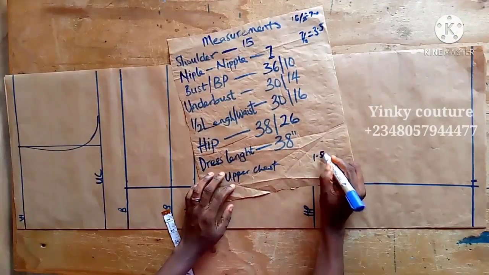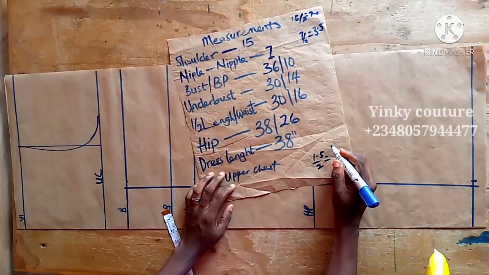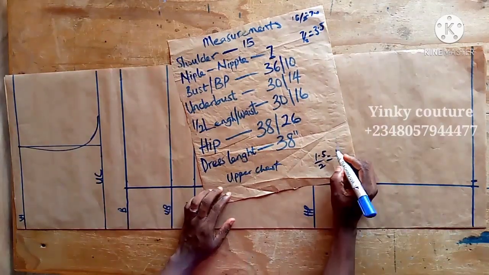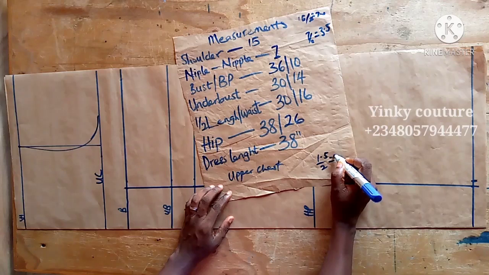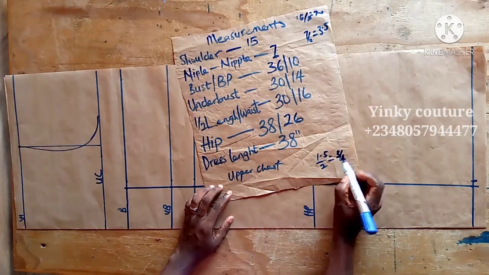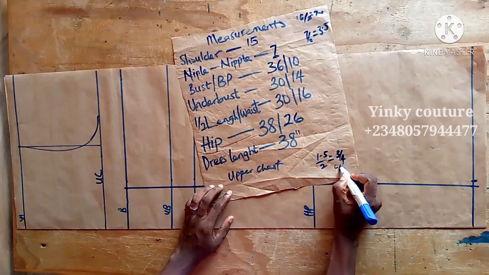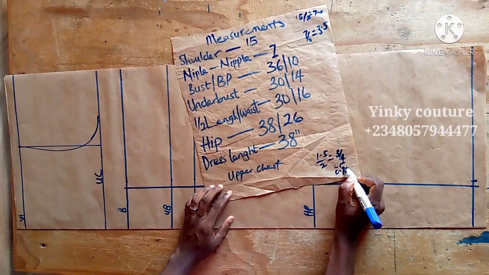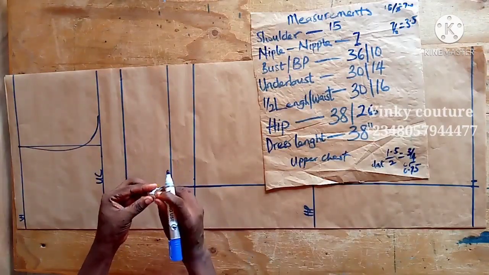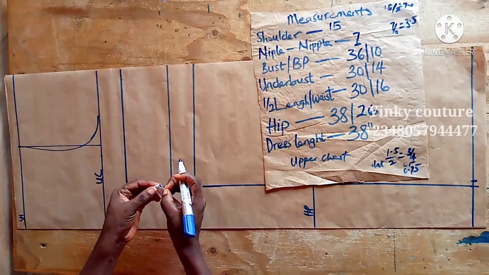The next thing to do is to input a dart of 1.5. I'll be dividing the dart by 2. Dividing 1.5 by 2, I will have 0.75, or 3/4. So I'll be placing the dart of 0.75 on either side of the straight line that I just measured. This is 1.5 on my tape measure.